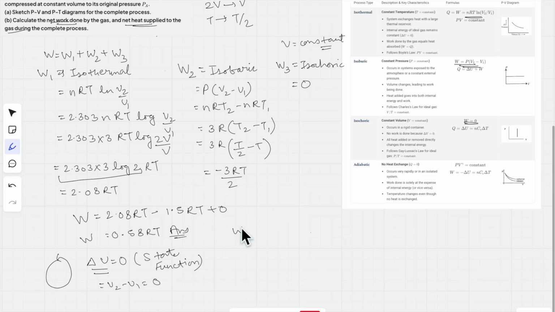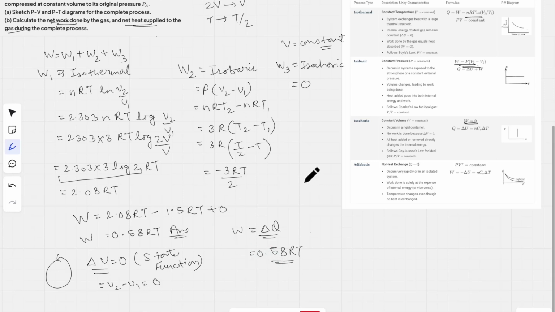So net work done by the gas would be equal to net heat supplied to the gas. So it would be equal to 0.58 RT. Got my point? This is because our internal energy remains constant in a cyclic process. So net work done by the gas is equal to net heat supplied to the gas, that is equal to 0.58 RT.